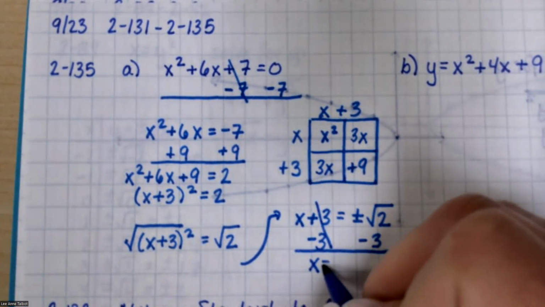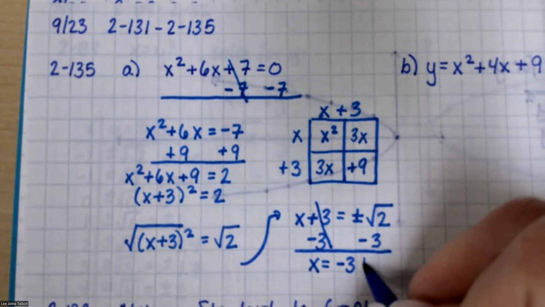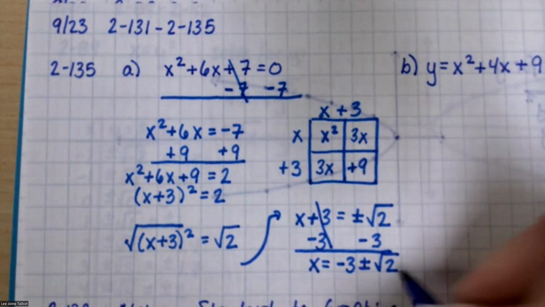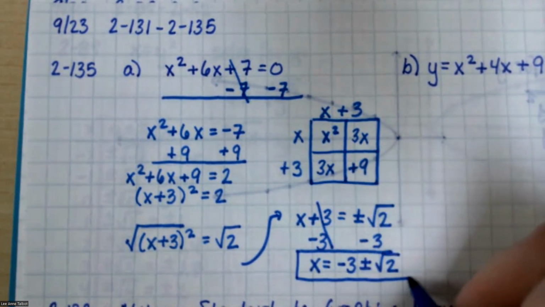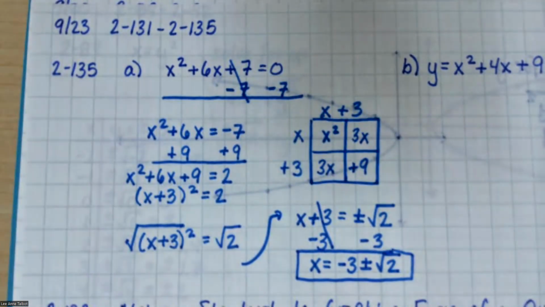And then mathematical etiquette says you put the -3 in front. So your answers are -3 plus √2 and -3 minus √2. And that should feel kind of like a quad formula thing, like a -b plus or minus blah, blah, square root.